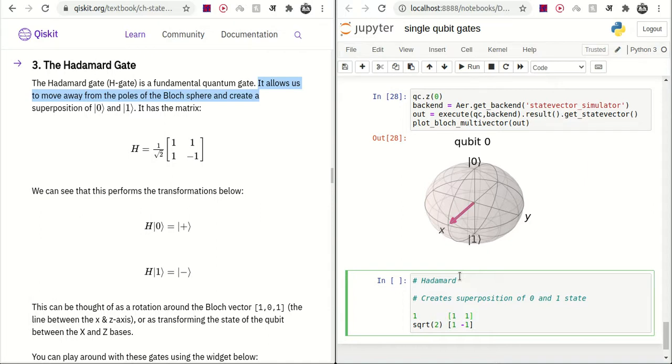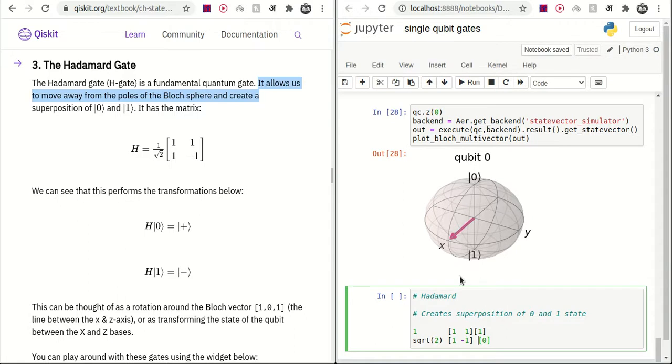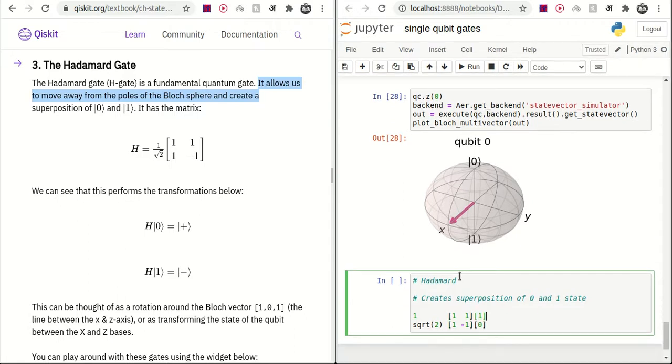So if we multiply it with the vector 1, 0, we get 1, 1 multiplied by 1 over square root of 2.